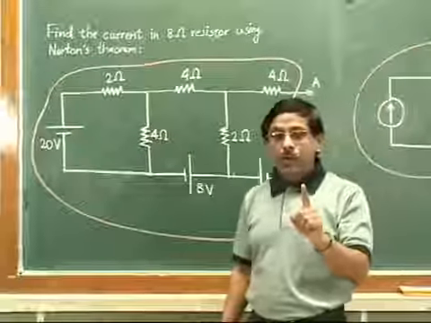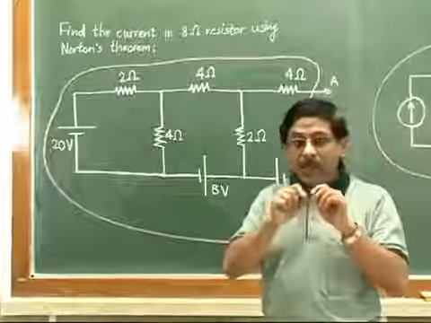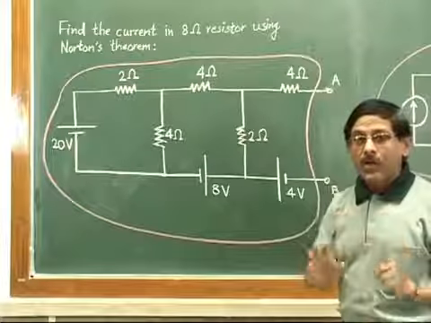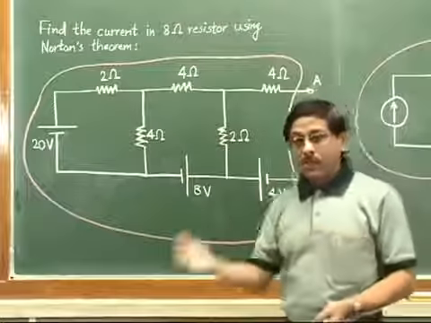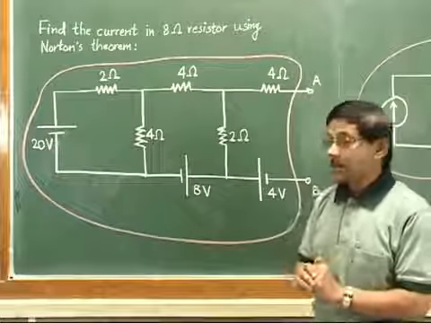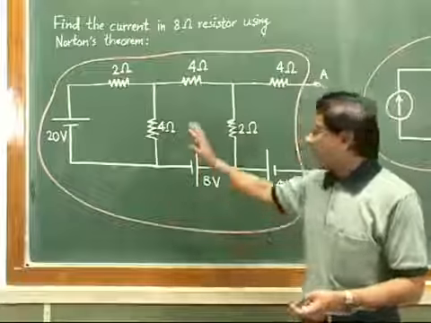So only three basic things to make this circuit passive. For an ideal voltage source, a plain short circuit. For an ideal current source, a simple open circuit. And if these sources are not ideal, both voltage as well as current sources, but they have some internal resistance, then we have to replace the sources with their internal resistances. So that is the idea.